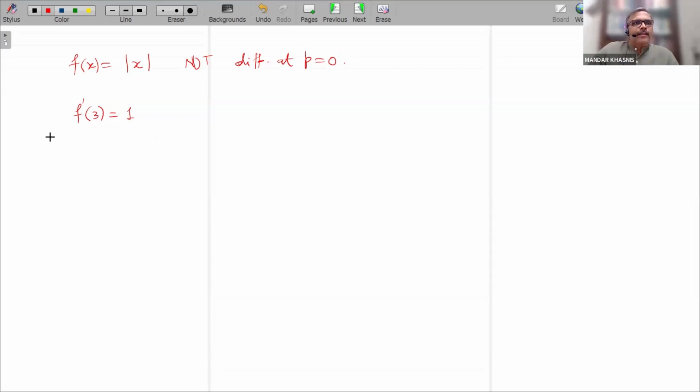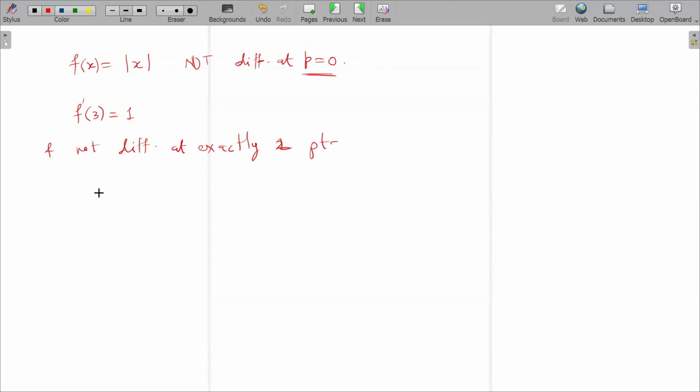Fine. Moving quickly ahead. So this is not differentiable at one point, but it's continuous. If somebody asks a question that I want a function which is not differentiable at exactly 2 points, you know how to construct it.